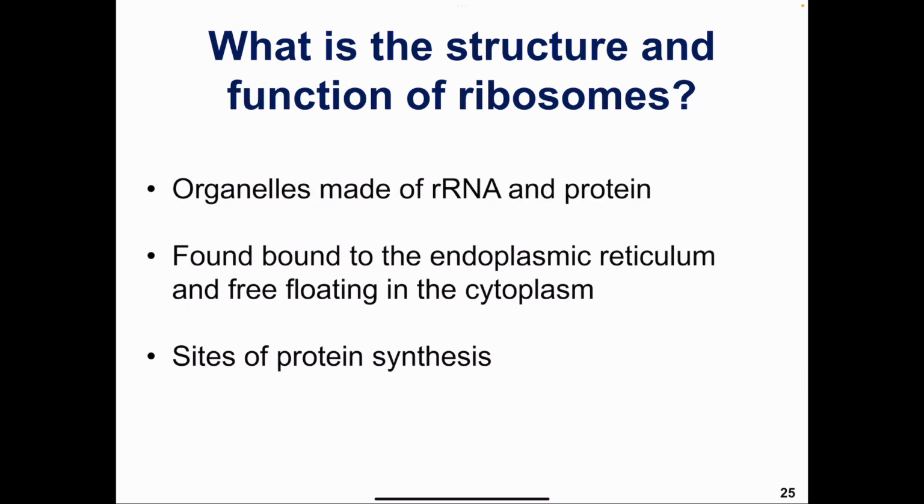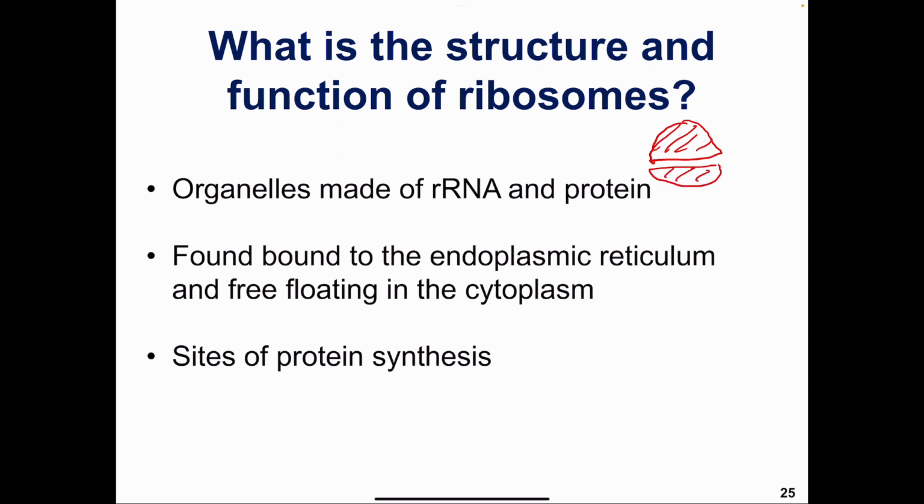Now, the ribosomes are those organelles that are made up of ribosomal RNA and proteins. These ribosomes, in our human cells, occur in a large subunit and a small subunit.